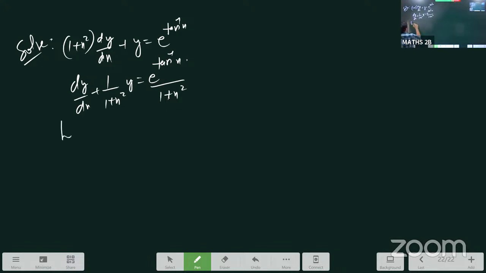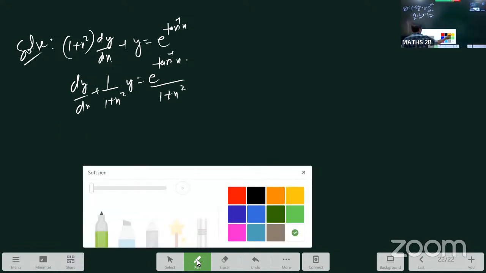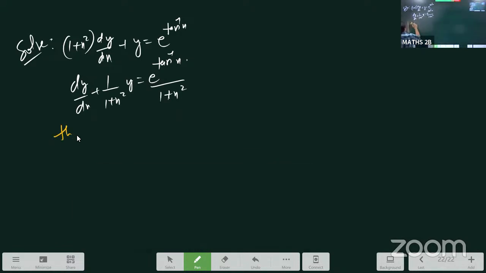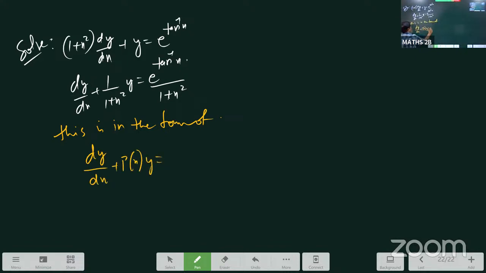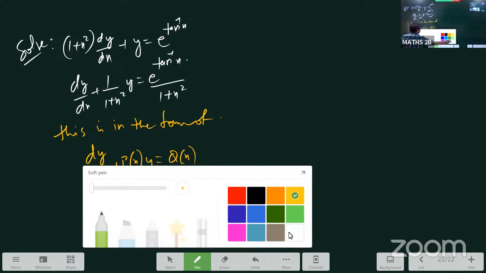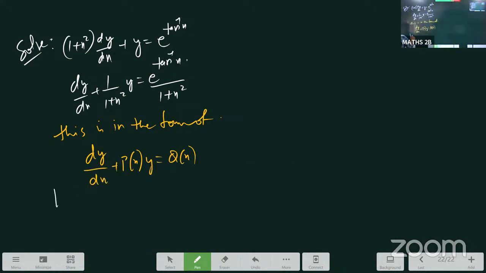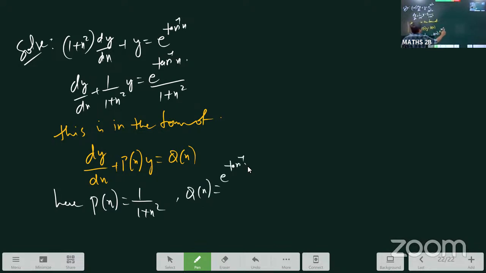Now this is in the form of dy/dx + P(x)y = Q(x). Here, your P(x) is 1/(1 + x²) and your Q(x) is e^(tan⁻¹x)/(1 + x²).